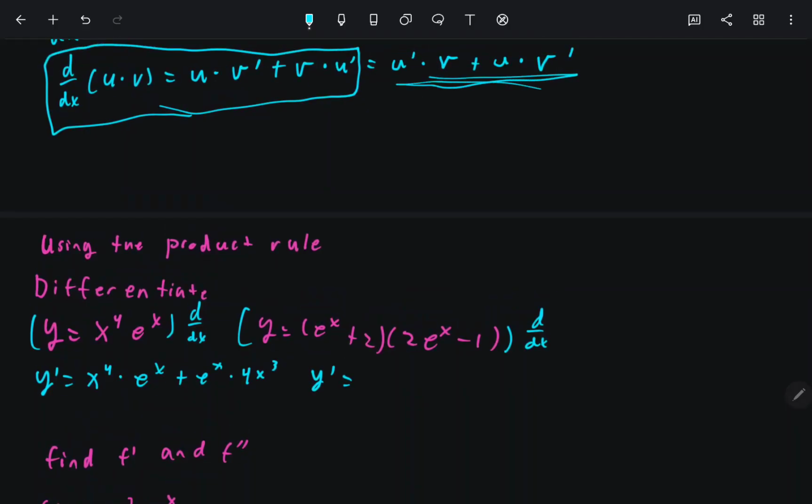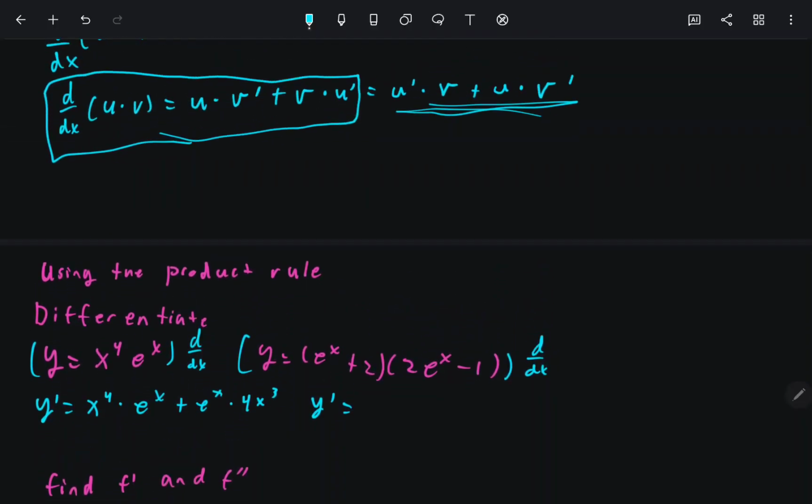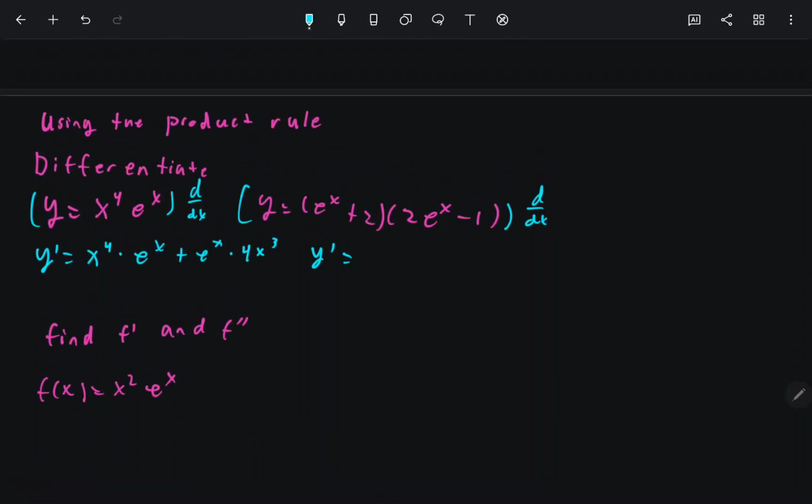This is actually the one that I'm a lot more comfortable with. The derivative of the first in this case is just e to the x times the second, which is 2 e to the x minus 1, plus the first, which is e to the x plus 2, times the derivative of the second, which is just 2 e to the x. And that would be our answer.